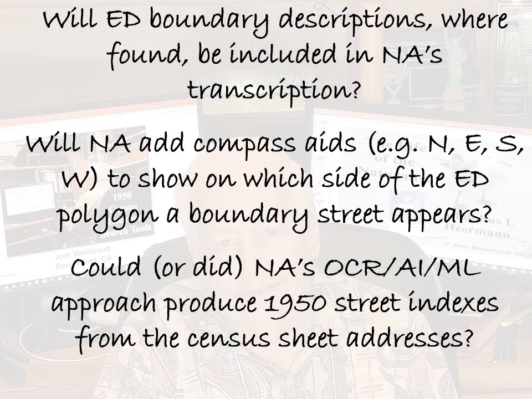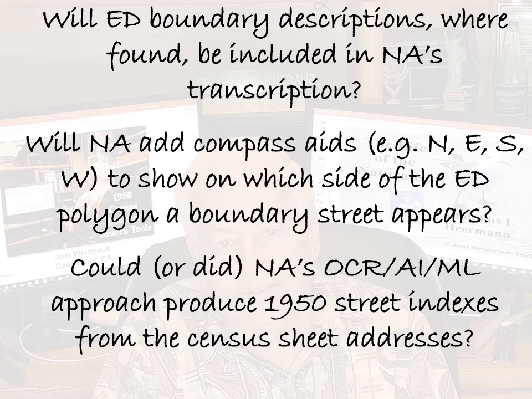So my questions are, based upon these definitions: will the National Archives' utility, will ED boundary descriptions, where found, be included in the transcription, or is it just going to be the political definition?